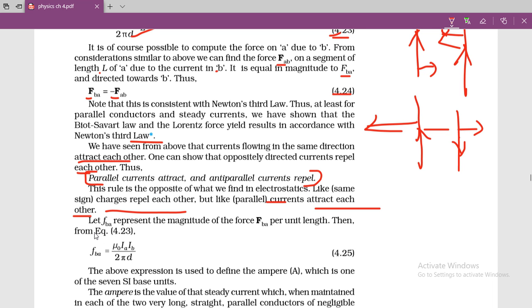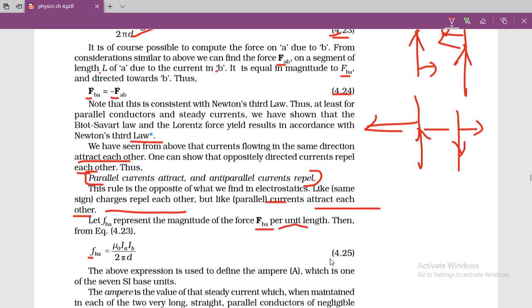Now let FBA represent the magnitude of the force per unit length. This force is actually a vector quantity, so its magnitude is given by FBA. So FBA is equal to mu naught IA IB upon 2 pi d.